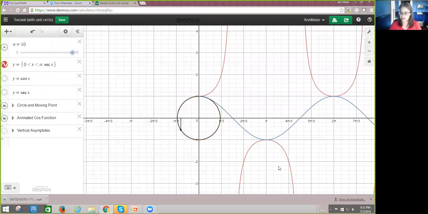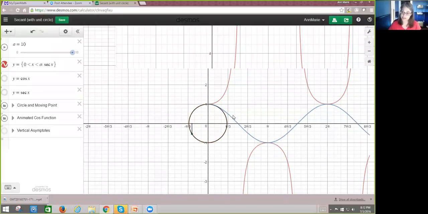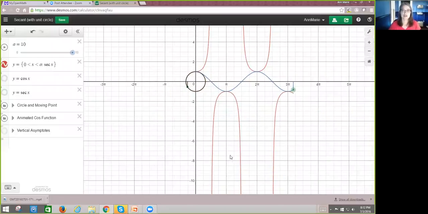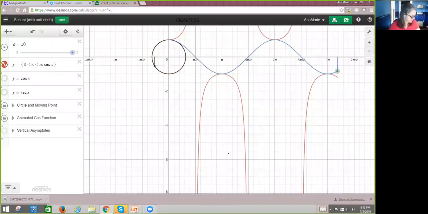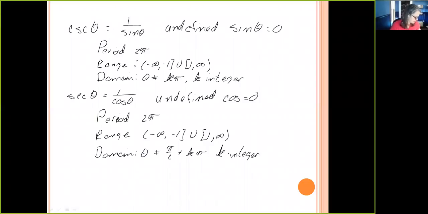And it looks a lot like cosecant, except shifted. So there is actually an identity that you should memorize and prove to yourselves. And it is that the secant of theta is equal to the negative cosecant of theta minus pi over 2.